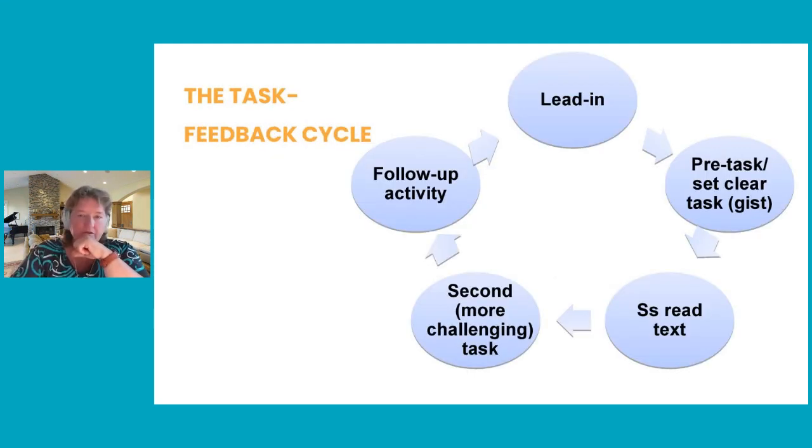And let me show you the graphic representation of the task feedback cycle. So you have some kind of lead in at the beginning. Find a way to introduce the topic to get the students interested in it. And then you have a pre-task where you set clear tasks for them. For example, to get the gist of the text.